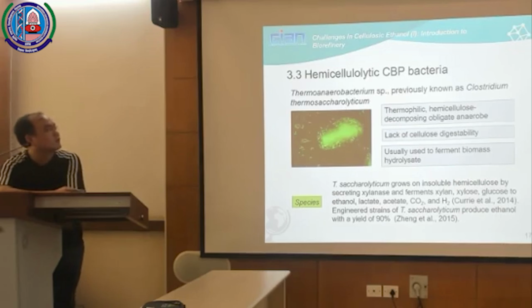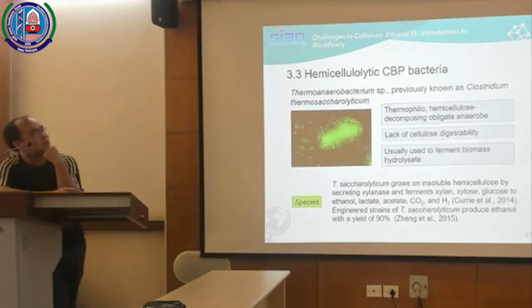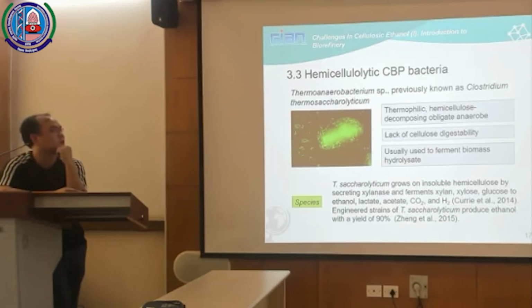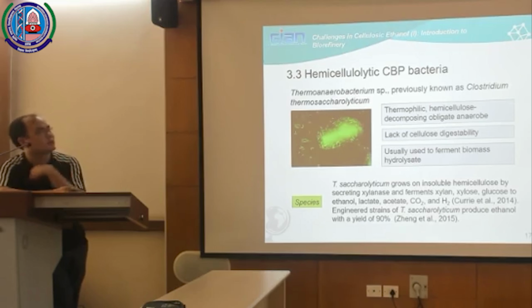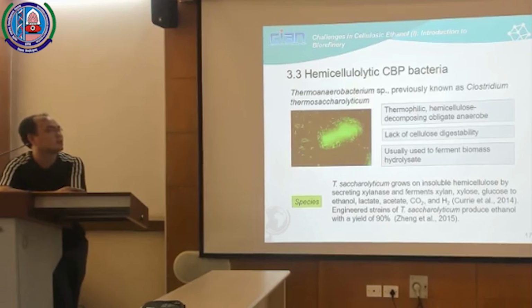Another type of bacteria is hemicellulolytic CBP bacteria. This type of bacteria is very good at the digestion of hemicellulose.